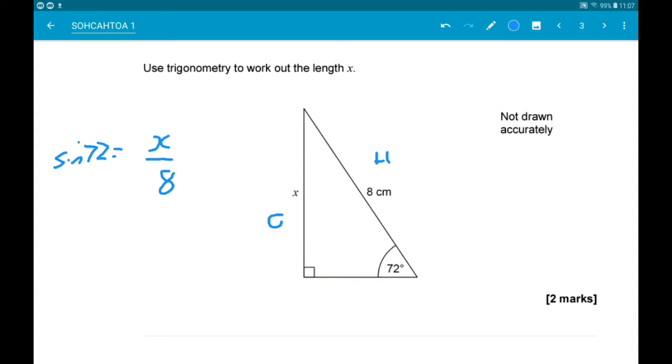We get 8 sine 72 is equal to x. Whack 8 sine 72 into your calculator, and to 1 decimal place we get x is 7.6 centimeters.